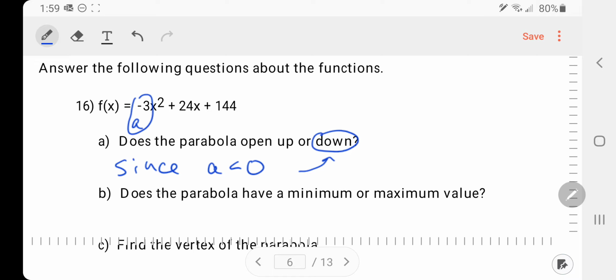So since a is less than 0, that's going to open down. Does the parabola have a minimum or a maximum? Well, if it opens down, it's going to have a maximum. If it opens down, then the vertex is going to be at the highest point, and so it'll have a maximum.